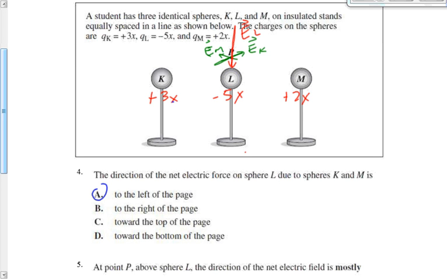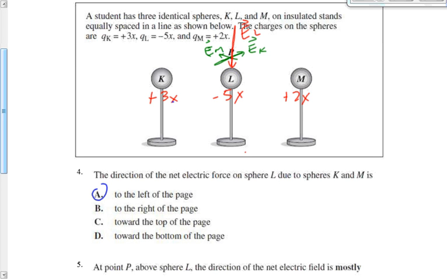Now, which one matters more? You said distance. You said they're closer, that's going to affect the electric field. You said the charge is going to affect the electric field. You're absolutely correct, both of you. But which one matters more, the charge or the distance, Cole? Why the distance? Good, because it's squared. That's the big thing right there, right?